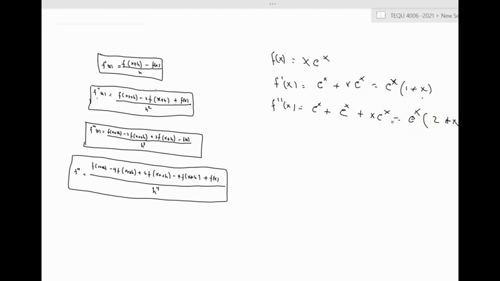So that will be e^x, e^x, that would be 2e^x, and then e^x times x, that would be this one. So the third derivative will be, let's see, e^x plus e^x plus, here again is this part here, so that would be e^x plus x e^x.